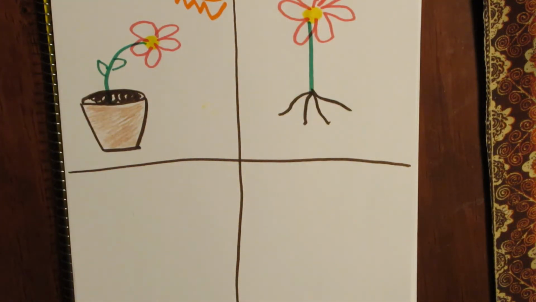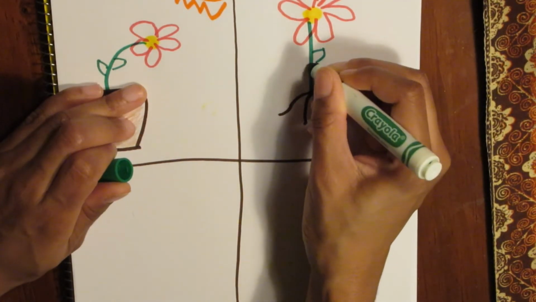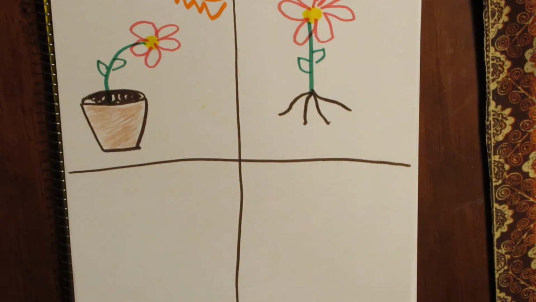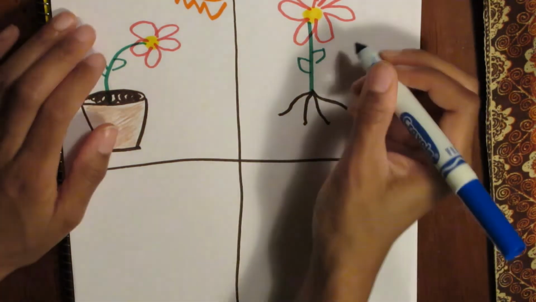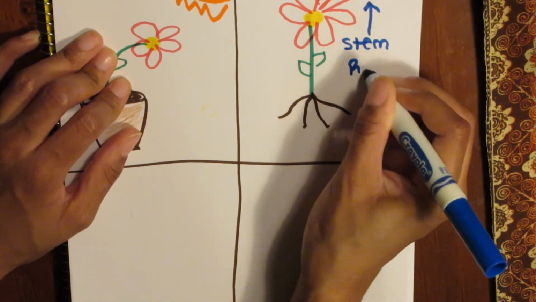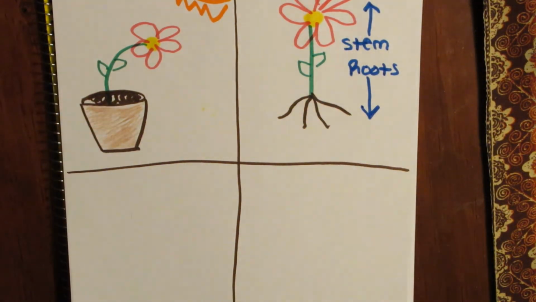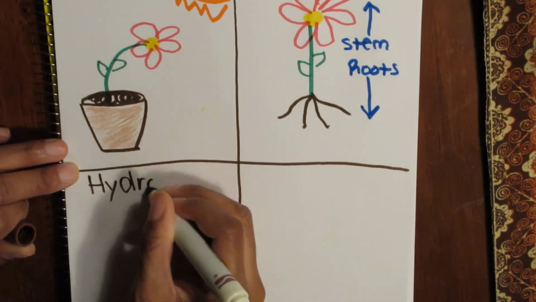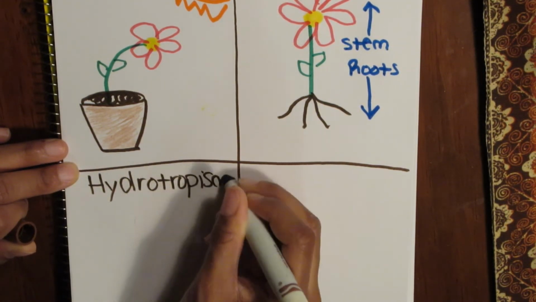The stem always grows up, no matter what. No matter what position the plant is in, and we watched a video on this, guys, the stem always grows up. The roots always grow down, no matter what.